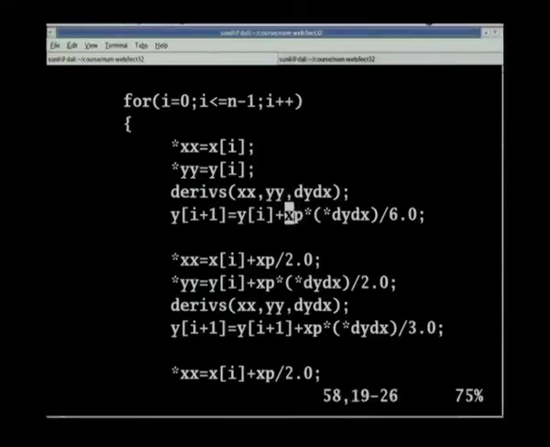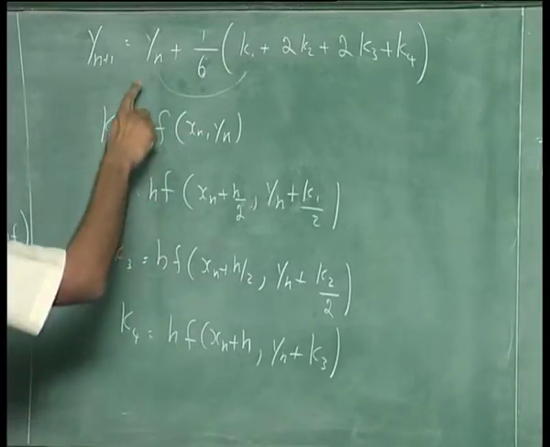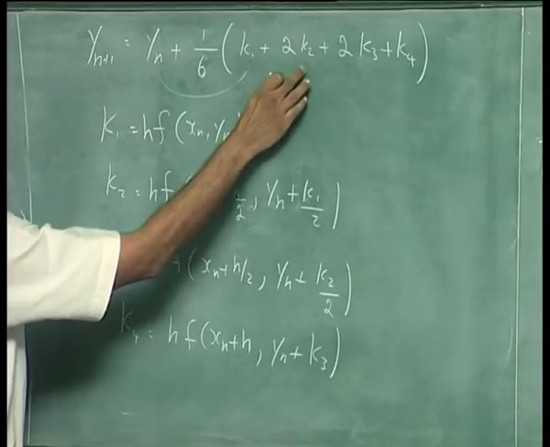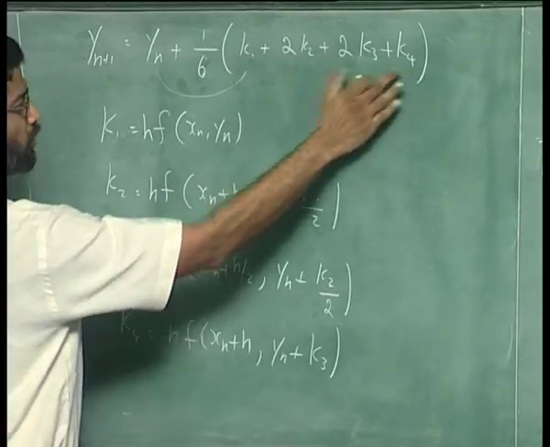Then I do that in 4 different steps. The way I do this program is to write each step serially, first computing a sum and saying that yn plus 1 is this. To this sum I add 2 K2 by 6, that is K2 by 3, then to that term I add K3 by 3, and then I add K4 by 6.